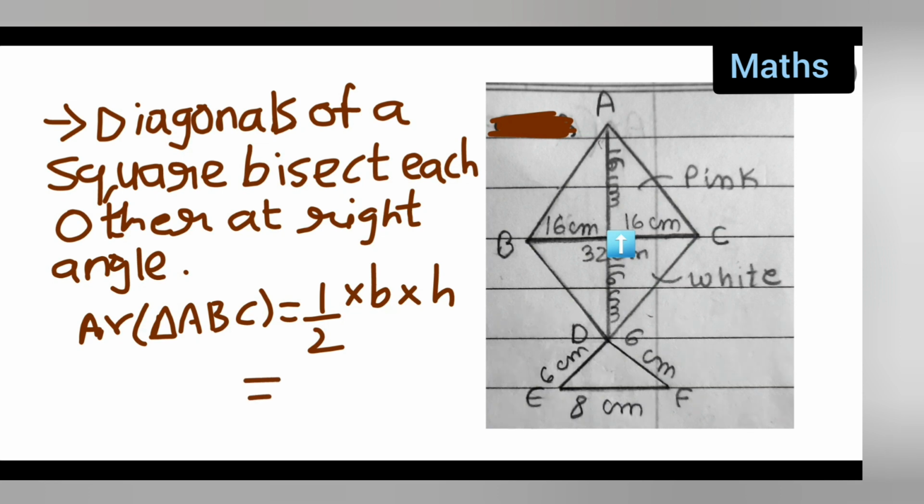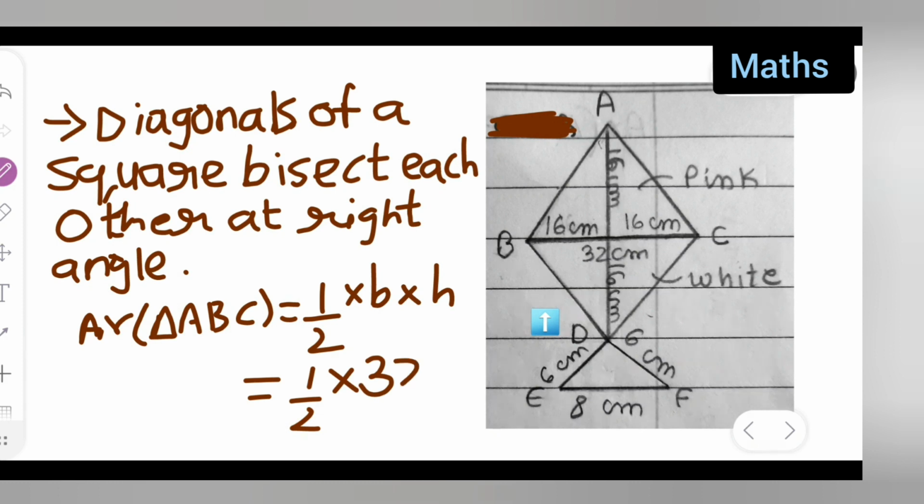So here let me explain you all. Half, write it as it is. We are taking area of triangle ABC. BC is nothing but 32. Diagonal is 32 and the height is 16. So write down half multiplied by your base 32 multiplied by 16.